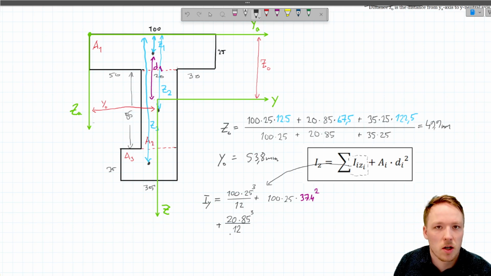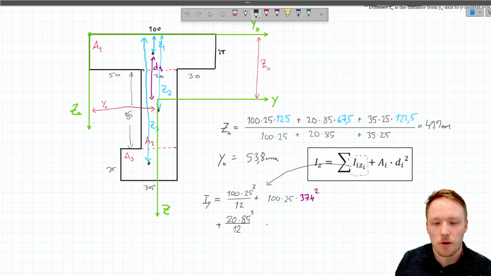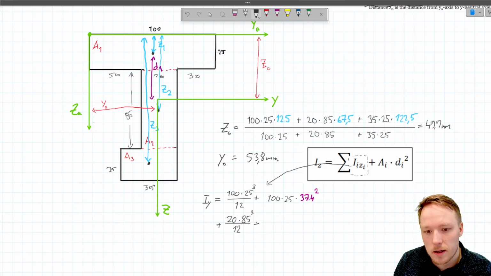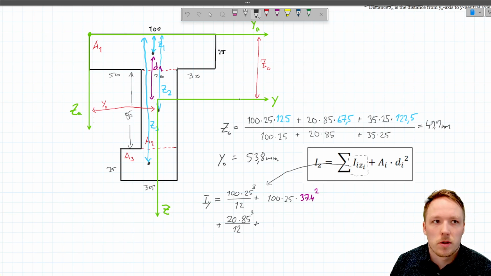So that is the second moment of inertia for area 2 around its own axis. And now we have to add the Steiner term, because this area number 2's own neutral axis is not located at the neutral axis of the entire profile, so therefore we have to include the Steiner term.